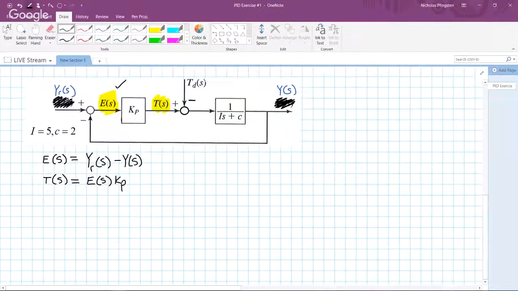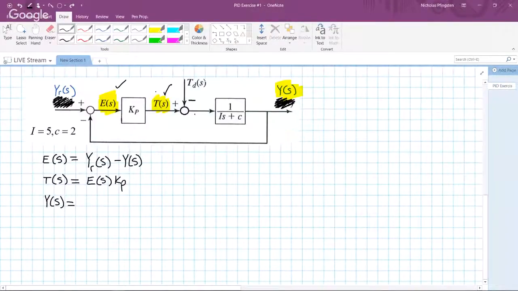Now, the next thing is going to be Y of S. What is Y of S? So Y of S, like all the other ones, it'll also be a product. But a good question is, and not naming this area here some variable, let's just think about what is this piece here?